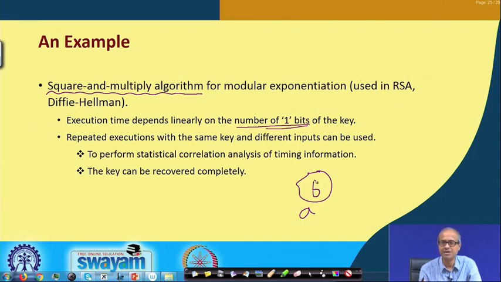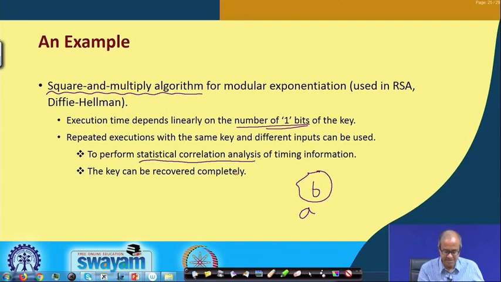It will be proportional to this number of ones, in fact. So, here you can use repeated execution with the same key, different inputs. You can try out various ways, you can do various statistical correlation analysis, and with multiple experimentation you can try to recover the key completely. This is the basic idea.